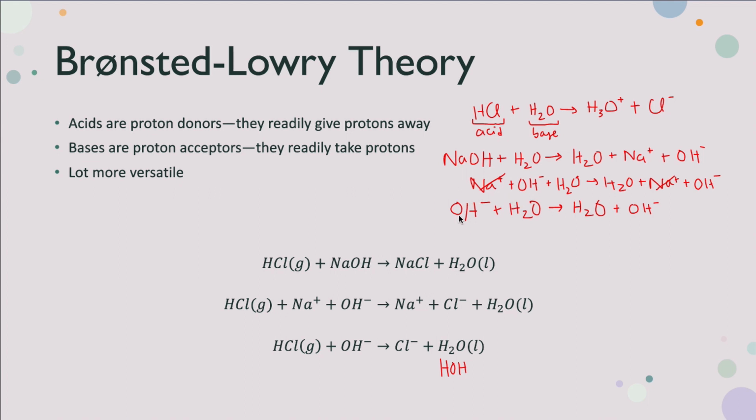And when it does that, this OH minus becomes this H2O. And if you give away an H plus from H2O, the H2O becomes OH minus. And that's why this equation ends up like this. These two are essentially completely different molecules from these two.